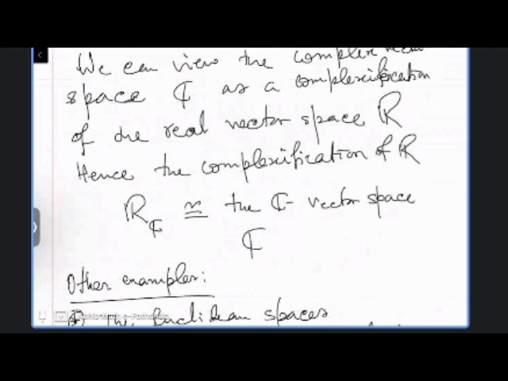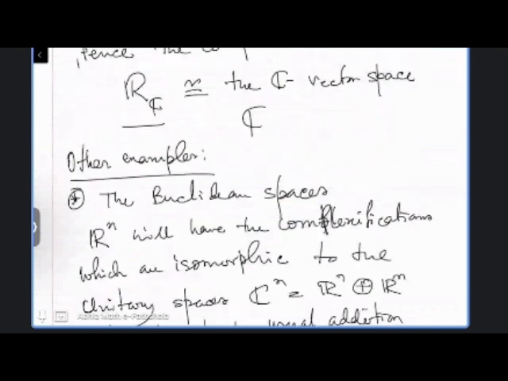The complexification of the real vector space R is actually isomorphic to the complex vector space C. That means C over C. R over R will have the complexification C over C, not C over R. Okay, so that you might be confused sometimes.